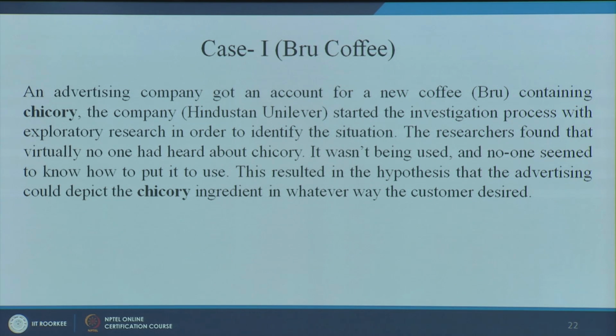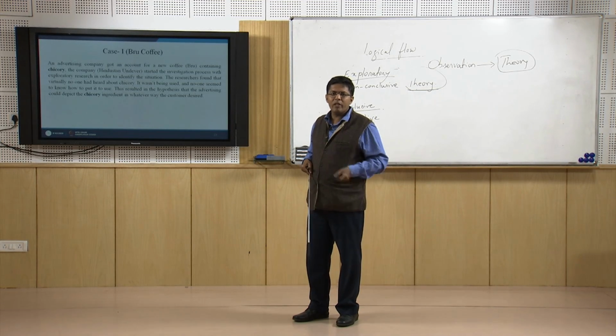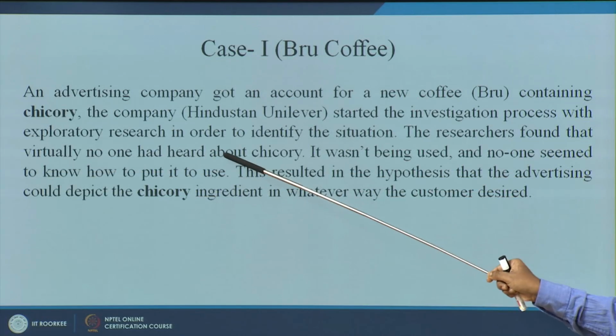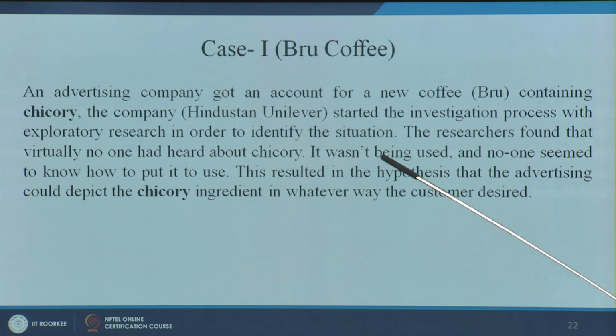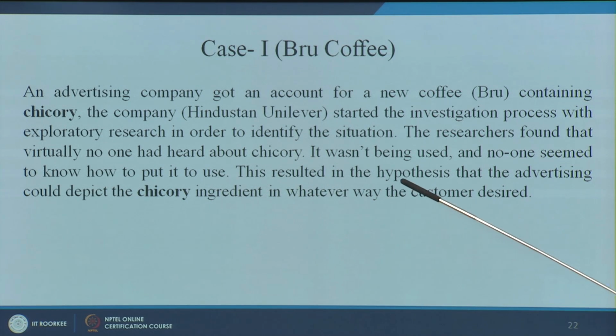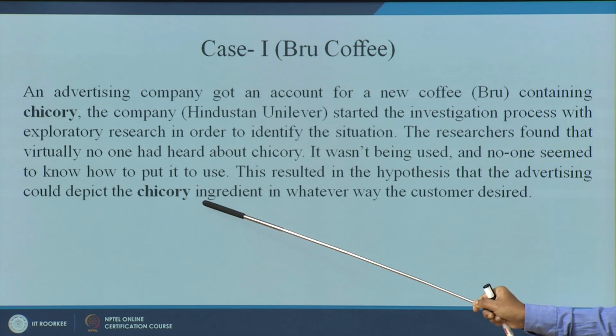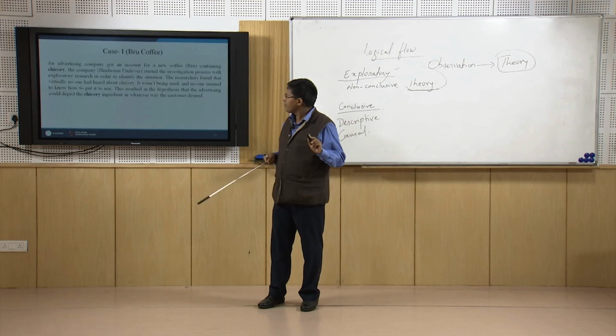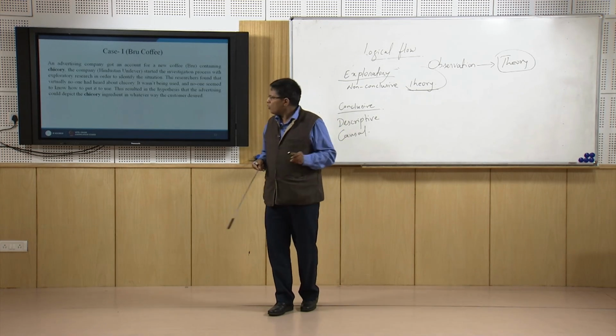But when this company wanted to make an ad, they found that people had no idea what chicory is. The researchers found that virtually no one had heard about chicory. It was not being used and no one seemed to know how to even use it. This resulted in the hypothesis that the advertising could depict the chicory ingredient in whatever way the customer wanted. Okay. So, what is happening here?